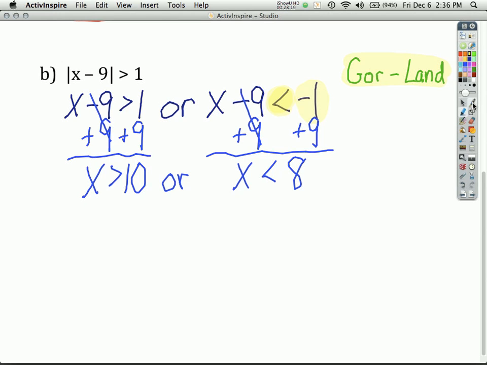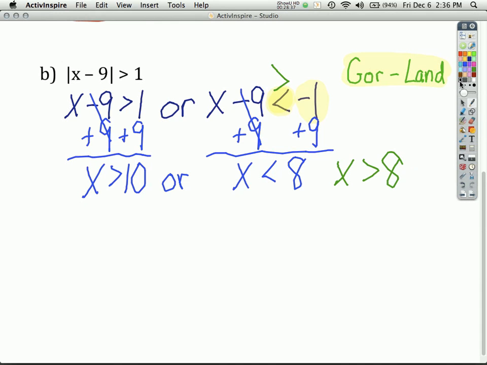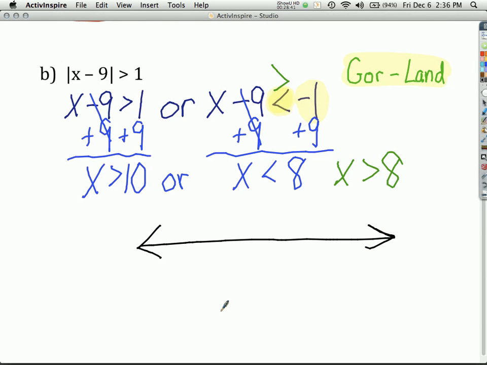So if we don't flip this, I don't want you to copy this down, I just want you to pretend for a moment that we don't flip that, which means that this answer would really be x is greater than 8. Look what happens when we graph that, and I'm going to graph it very quickly. Here's 8, 9, 10.